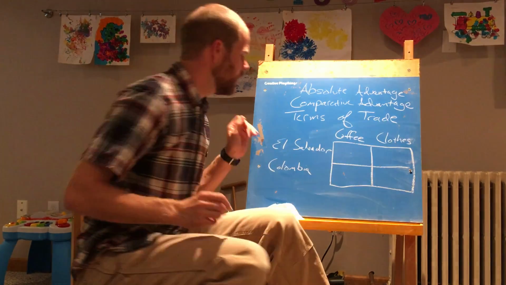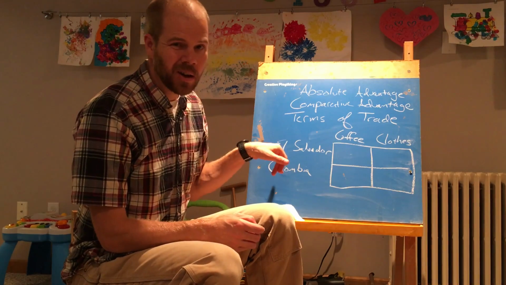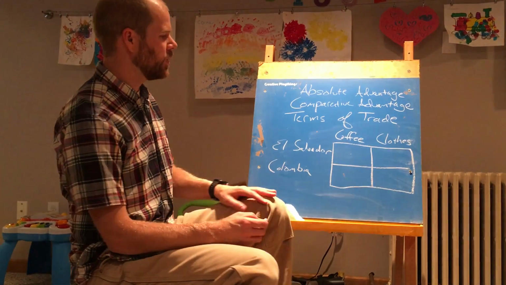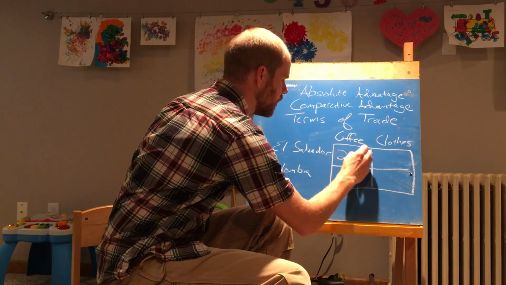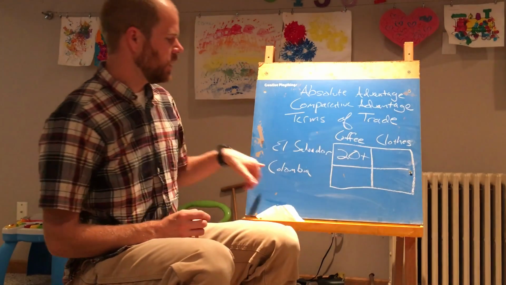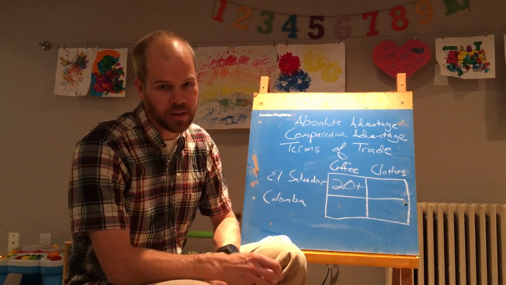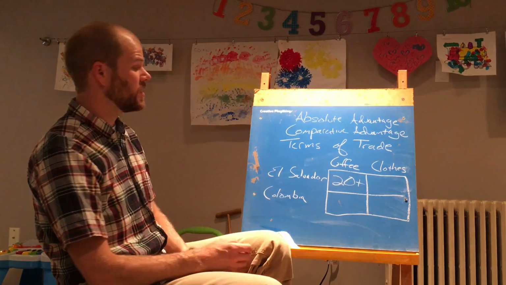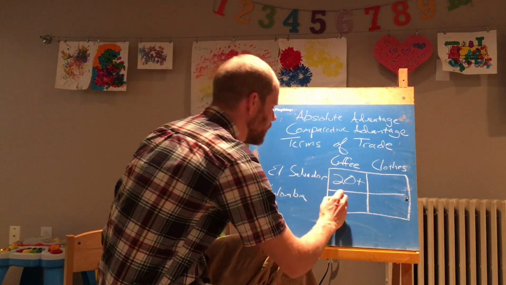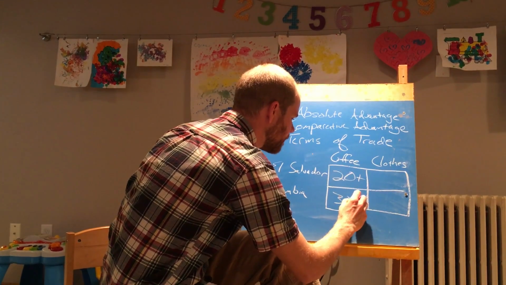Now, if El Salvador produces nothing but coffee in one year, they will be able to produce 20 tons of coffee. If Colombia produces nothing but coffee in a given year, they're a much larger country, they will be able to produce 30 tons of coffee.